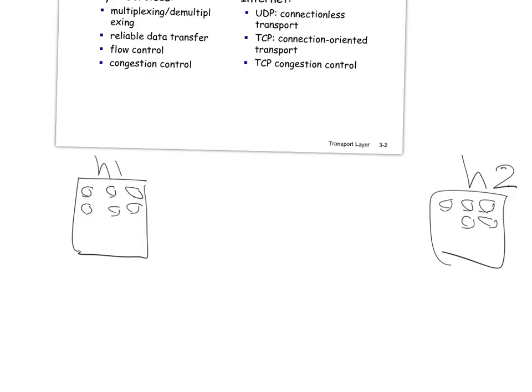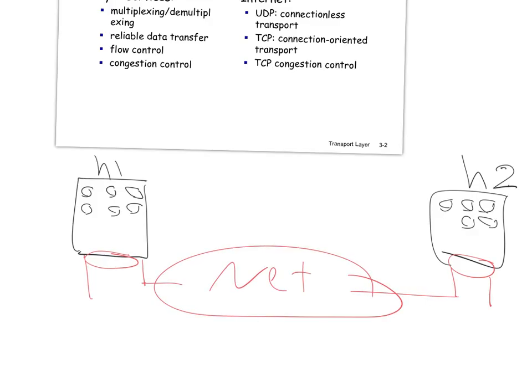Okay? So in between there is some network interface on both sides, okay? And this network interface is connected with some network, including edge network and core network, right? So there is some kind of access to the network, right?